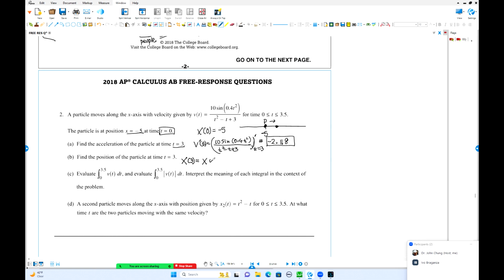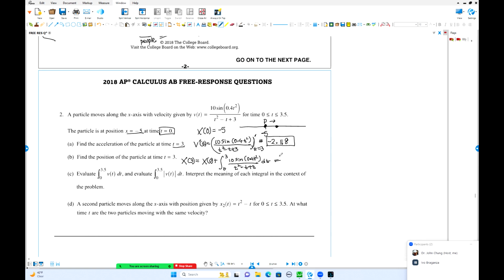From 0 to 3, we can add the velocity: 10 sine 0.4 t squared over t squared minus t plus 3.